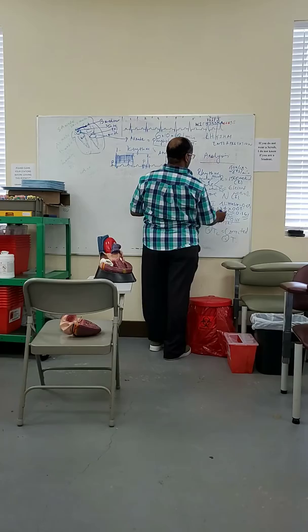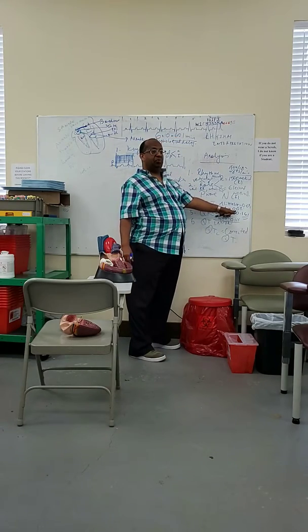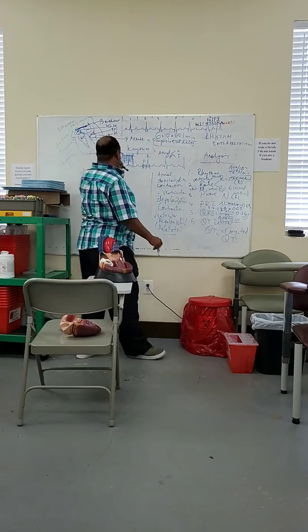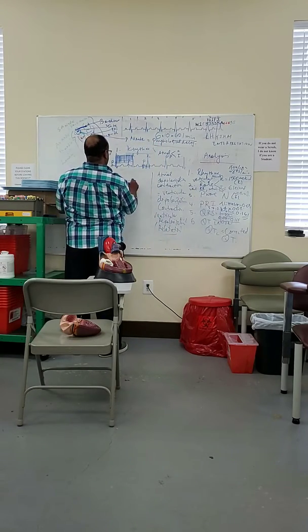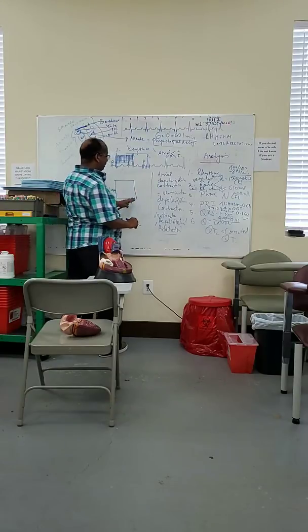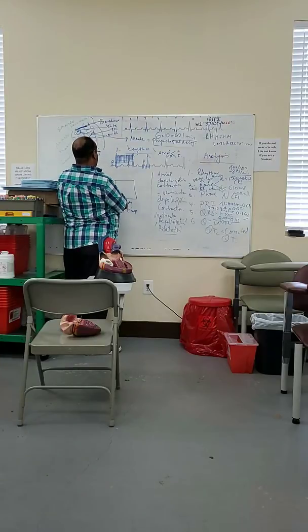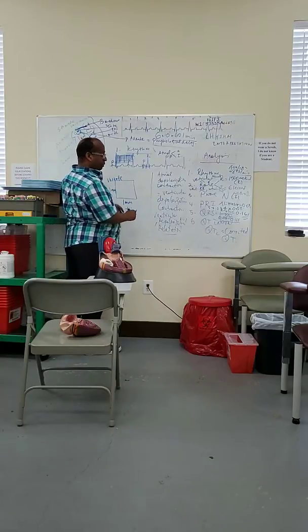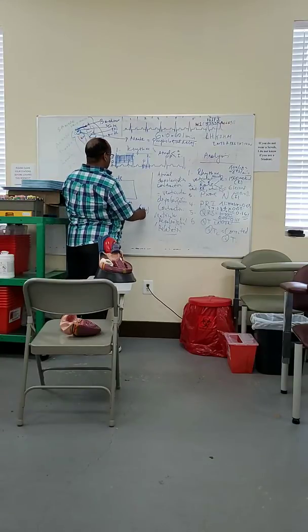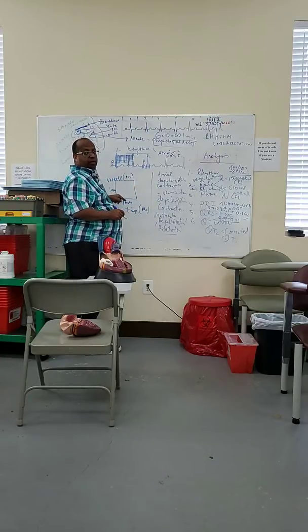So what do we multiply the little boxes with? Again with 0.04. Because each millimeter on our EKG, let's say this is 1 millimeter by 1 millimeter, the horizontal shows us time, and the vertical shows us the voltage. The time will be in milliseconds or seconds, and voltage will be in millivolts.